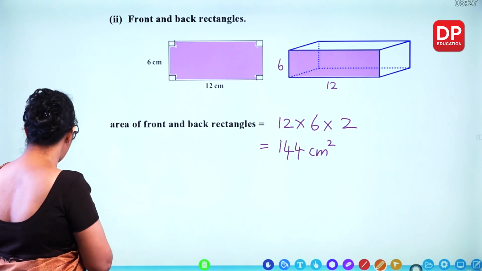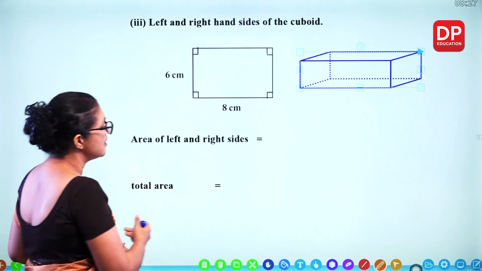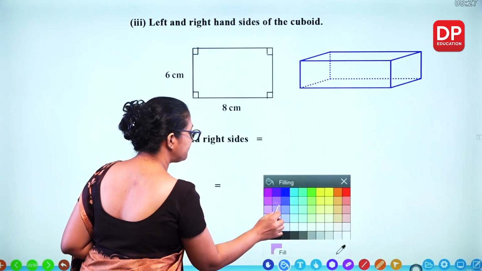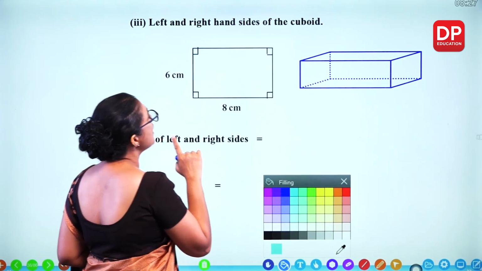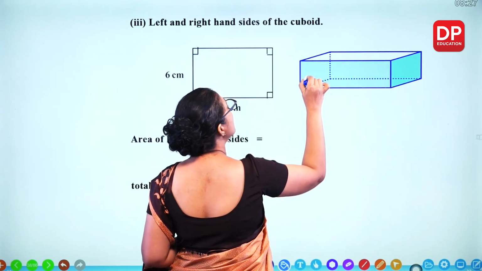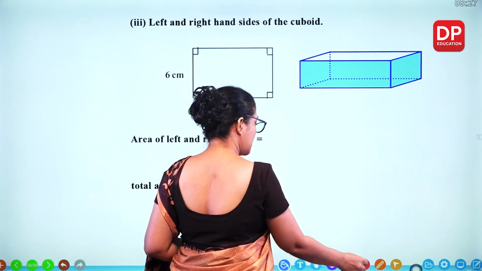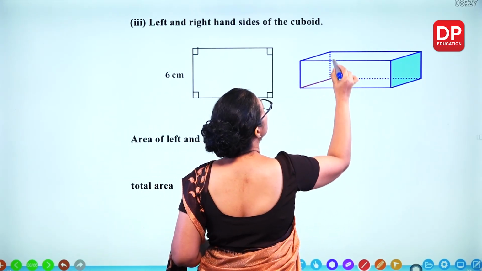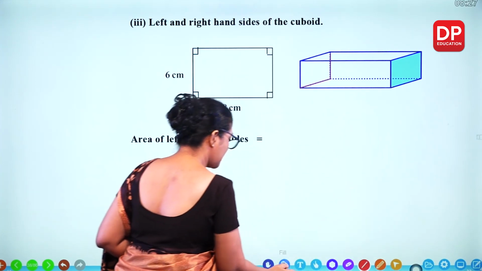Now the last one is the left and right hand side of the cuboid. So we'll take another color. So you need left and right, this and this part.